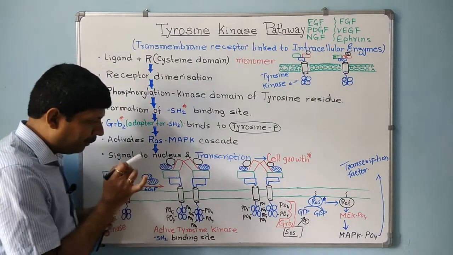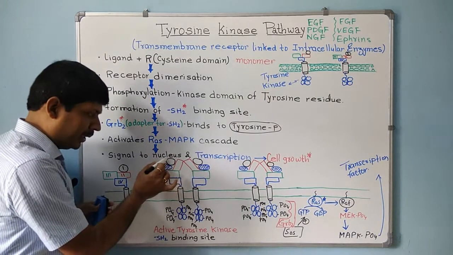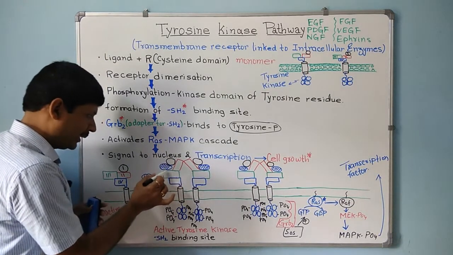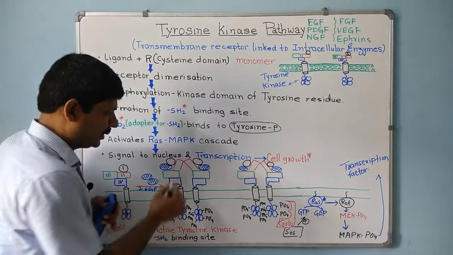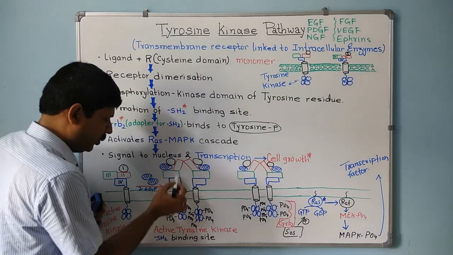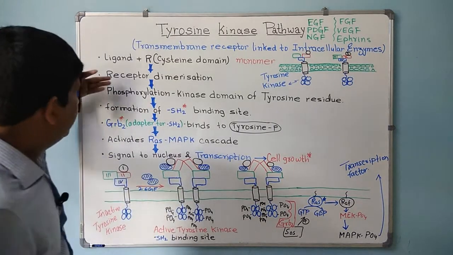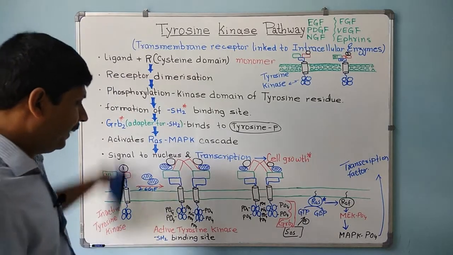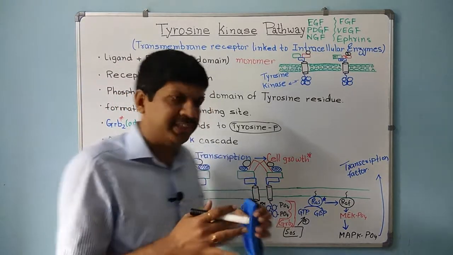So upon binding of EGF to the interface of subunits 1 and 3, dimerization occurs with the help of subunits 2 and 4. So receptor dimerization is over. Now in this process, conformational changes occur.